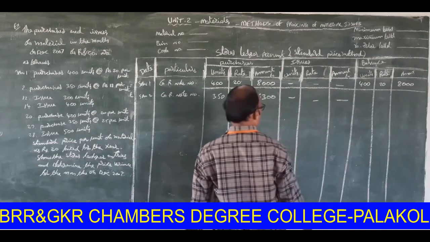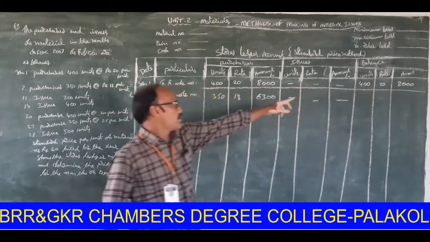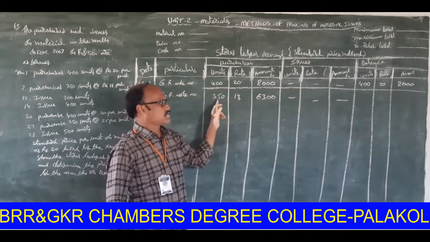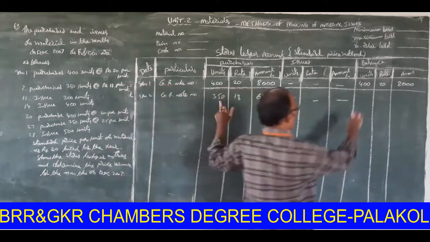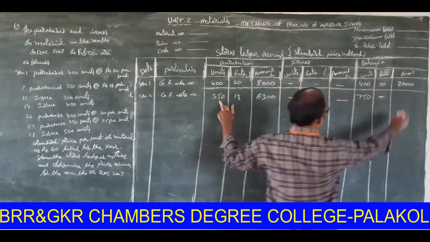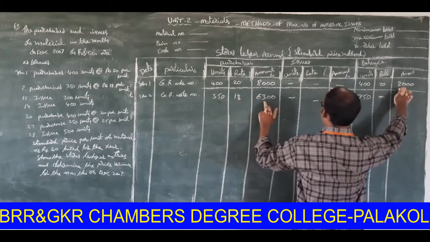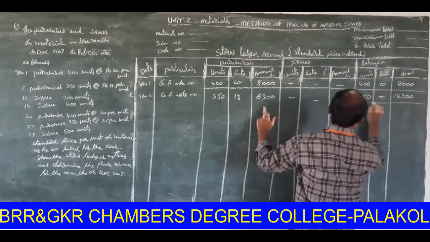Look at this: 400 plus 350, 750. Price not to be considered. 8,000 plus 6,300, 14,300.